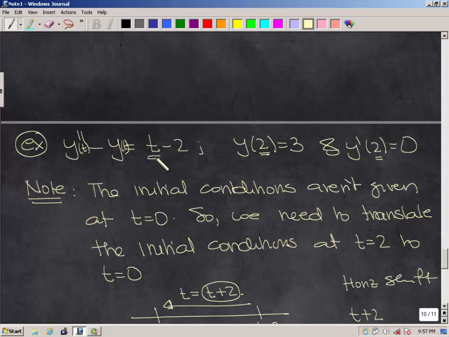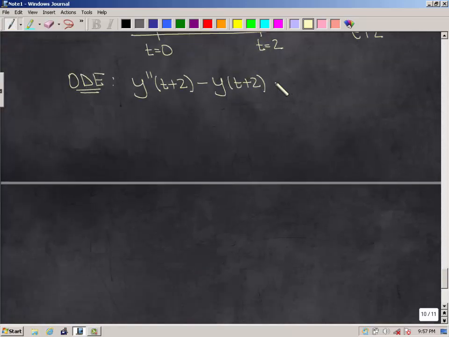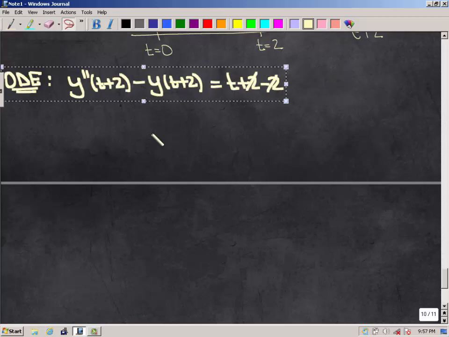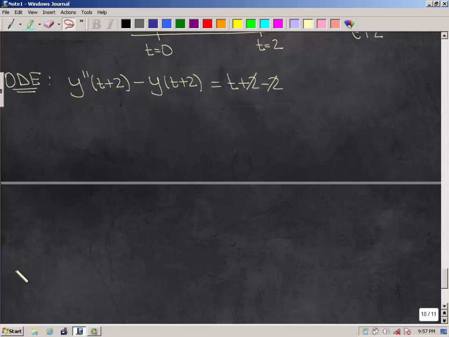I'm going to change this to t plus 2. So we get t plus 2 minus 2, so those cancel. So we end up with y double prime of t plus 2 minus y of t plus 2 is equal to t.